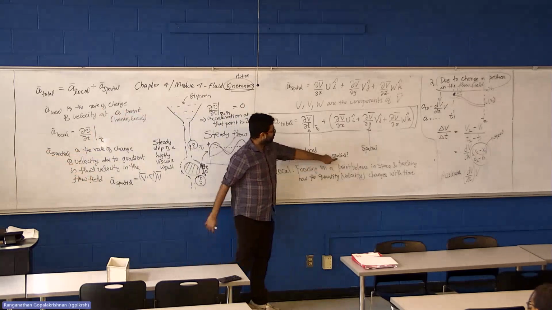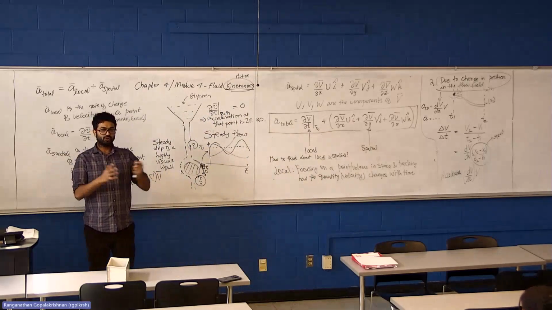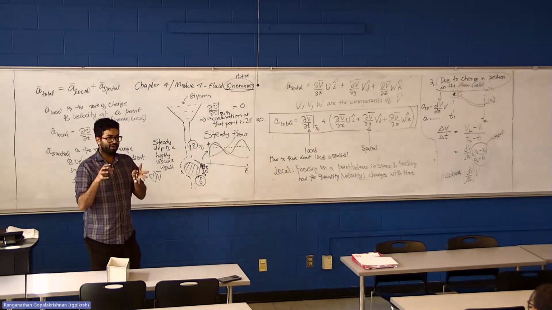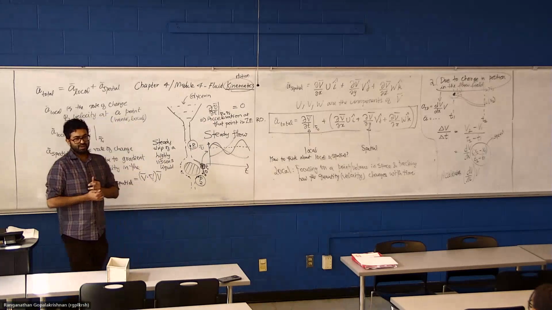Then how do you think about spatial? Same example, this classroom, this group of 18. If I want to understand you not when you are here, but in some other way, how would I do that?